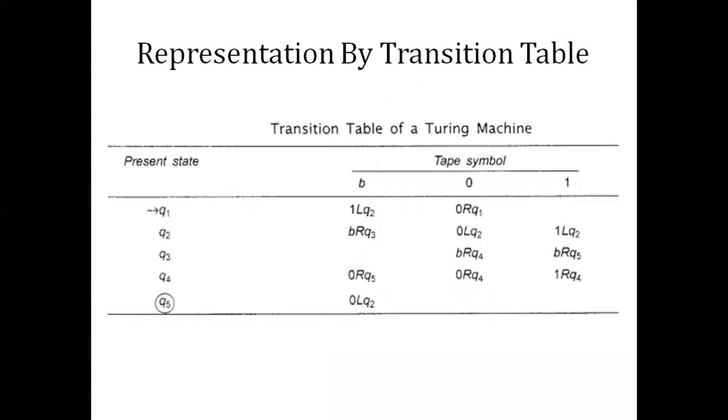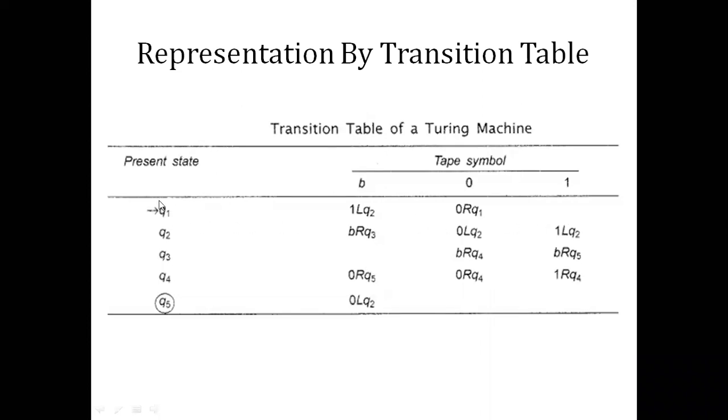Now, how does the transition table of the Turing machine look? The transition table of the finite automata was similar. The change in the Turing machine is that here you are going to have symbols which are on the tape now. The Turing machine has a tape, so that's why we have these tape symbols here. These are the states. So how do we read this first row?